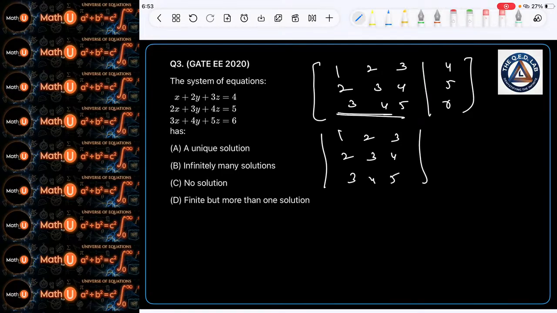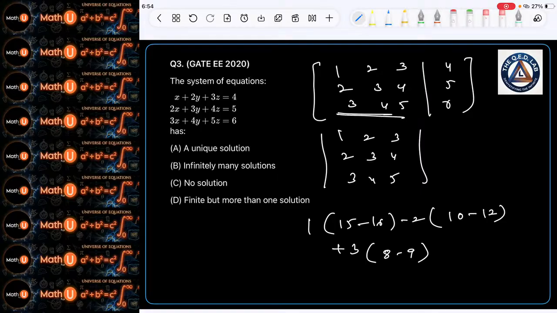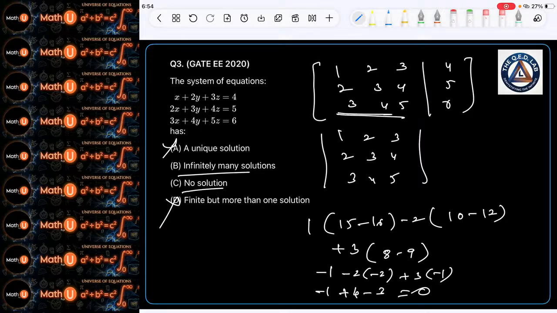Expand this determinant: 15 minus 16, minus 2 times 10 minus 12, plus 3 times 8 minus 9. Expanding, we get minus 1 plus 4 minus 3 equal to 0. If it is equal to 0, it is not a unique solution. There are two cases, it may be infinite or no solution.